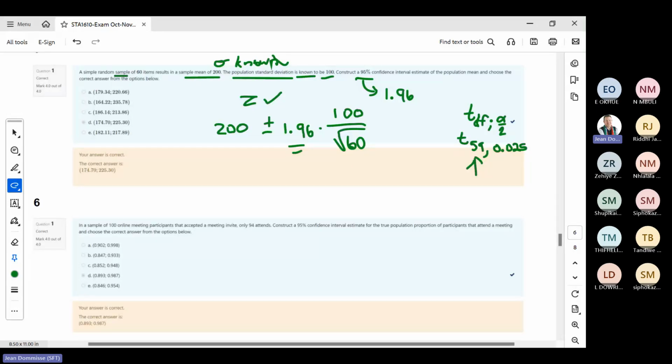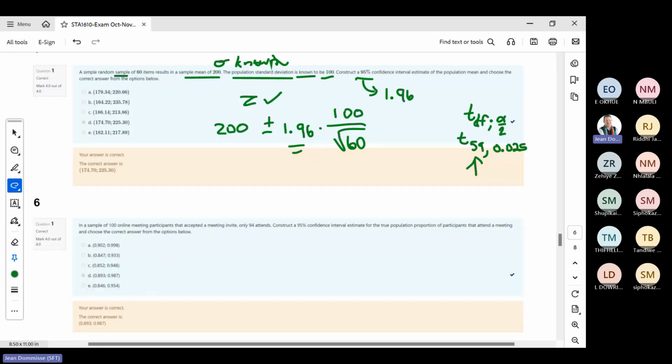The words that would have made it a T would be: a simple random sample of 60 items results in a sample mean of 200 and standard deviation of 100, or a sample standard deviation of 100, or an unknown sample standard deviation of 100.